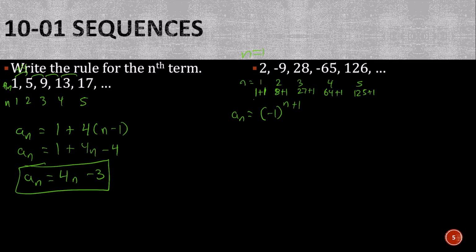Well, the 1, 8, 27, 64, and 125, those are perfect cubes. So that's a perfect cube plus 1. So it's n cubed plus 1 times the negative 1 to the n plus 1, which makes it go back and forth between positive and negative.